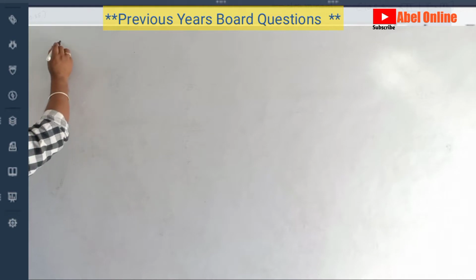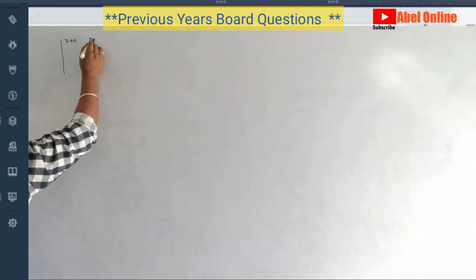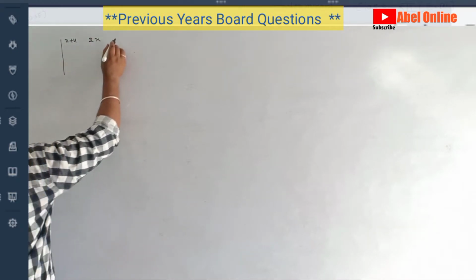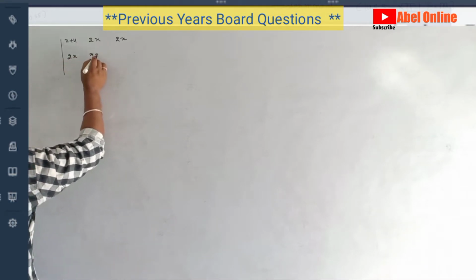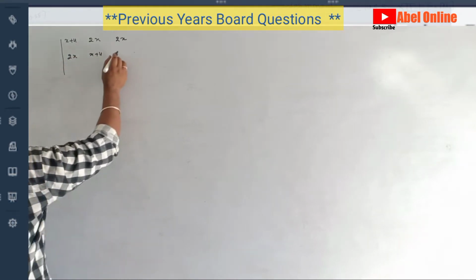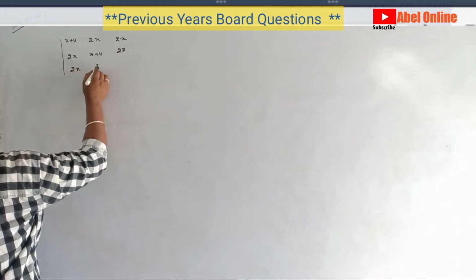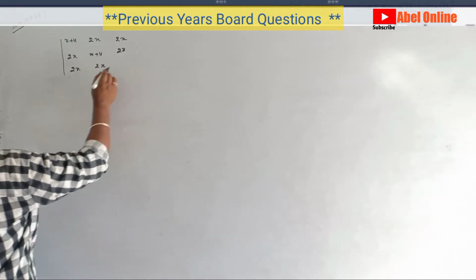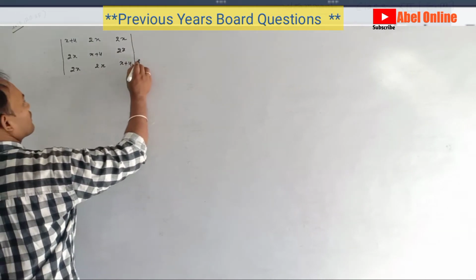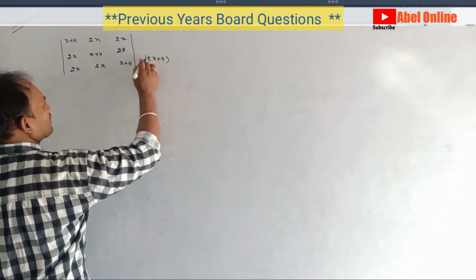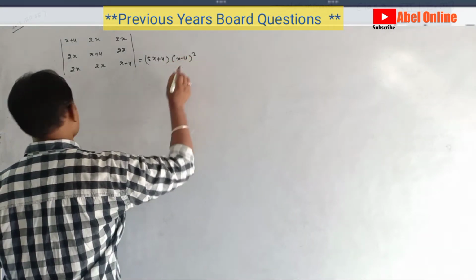The determinant has rows: x plus 4, 2x, 2x; 2x, x plus 4, 2x; 2x, 2x, x plus 4. We have to prove that it equals 5x plus 4 multiplied by x minus 4 to the power 2.